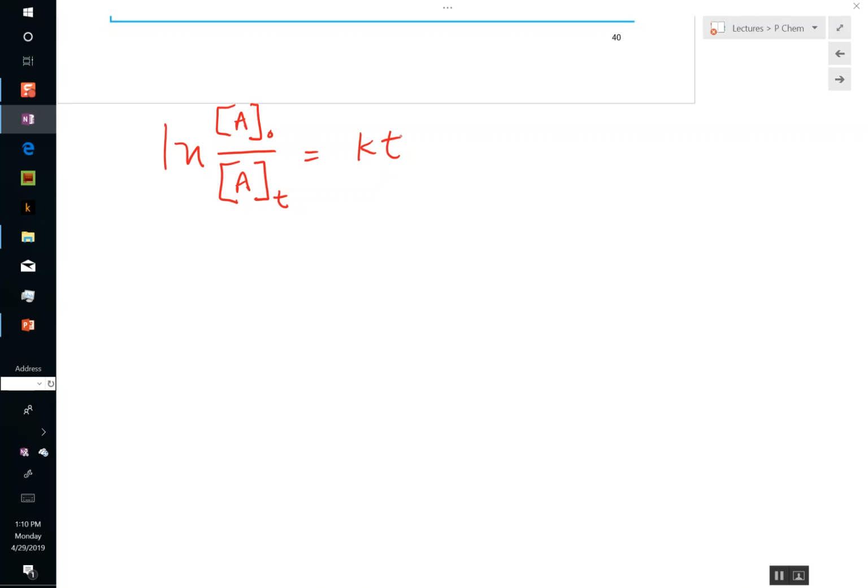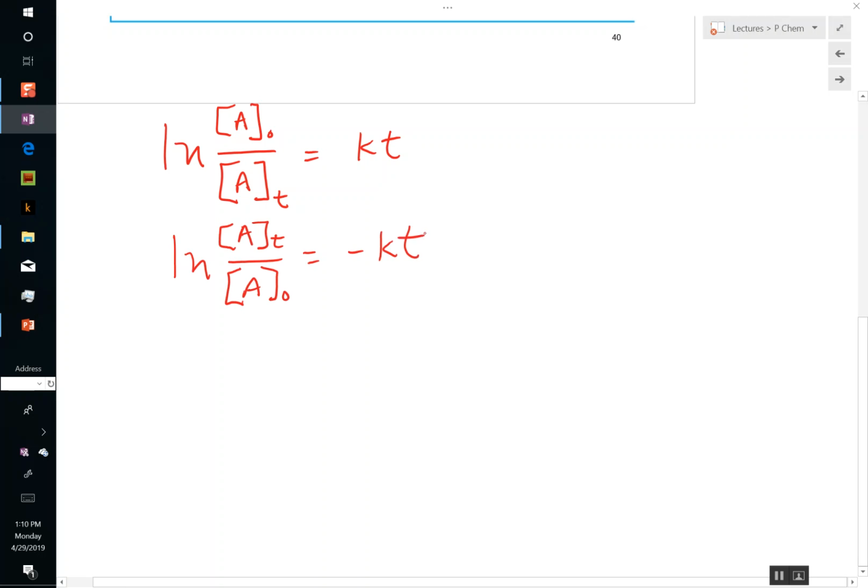One, we could invert this again, get the A up here and the A naught down here, and that is equal to negative kt.